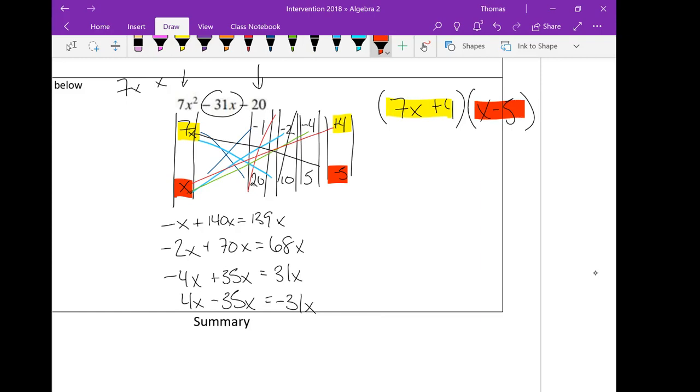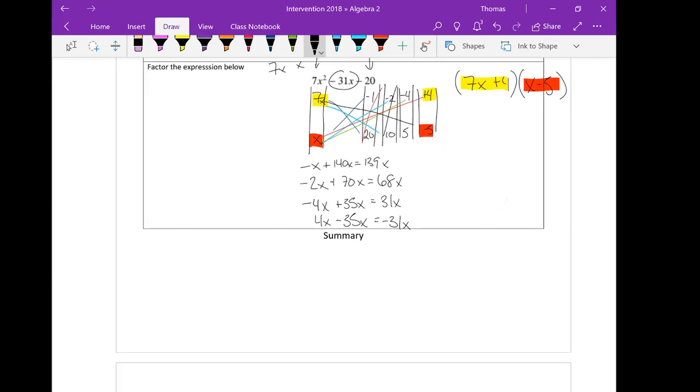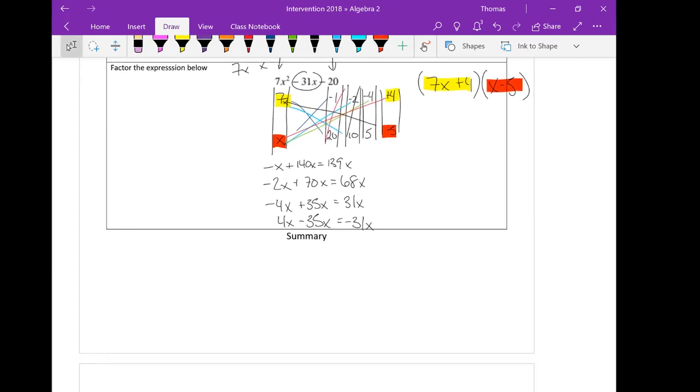So in this one, to summarize, we really had a few steps here. First, we just made columns under the ax squared and the c term.